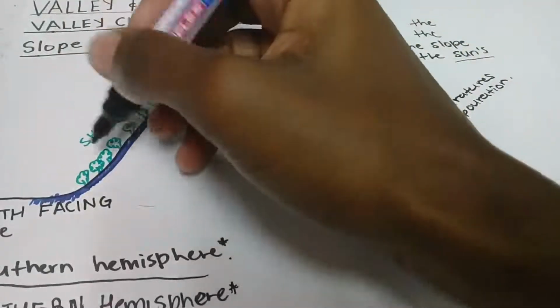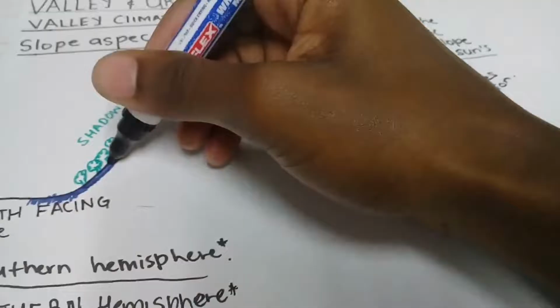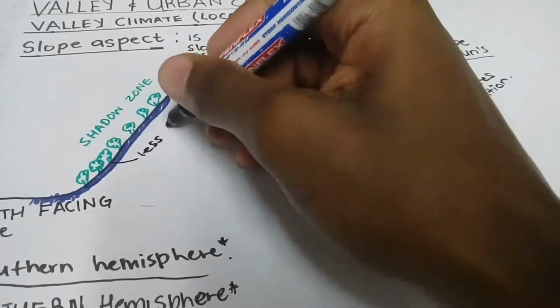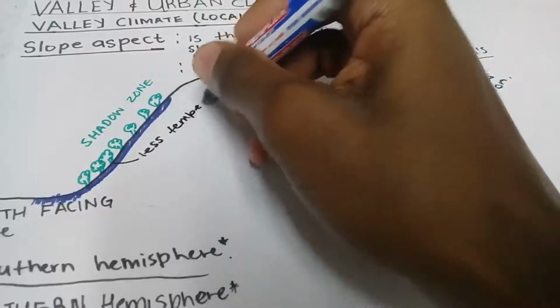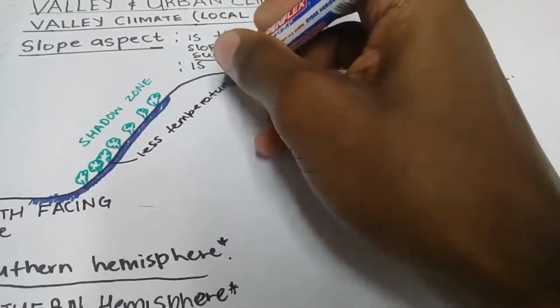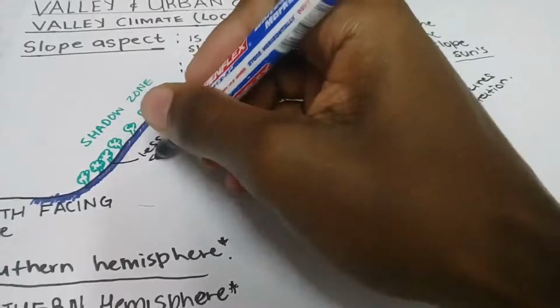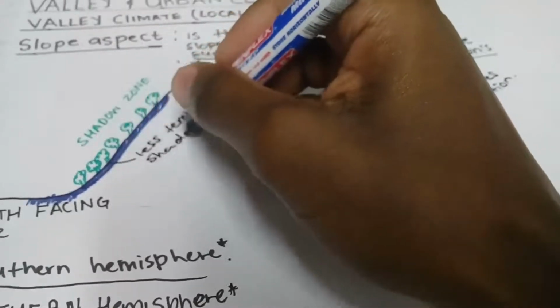And this side will experience less temperatures. It will experience shadow.